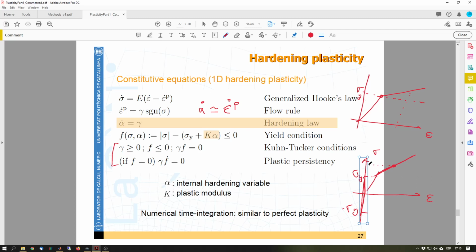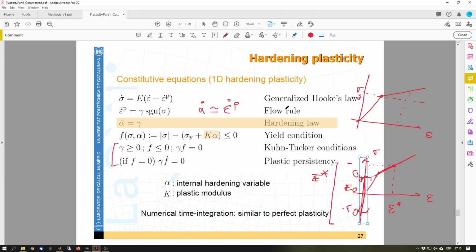So the admissible domain that initially was this has now been enlarged on the two sides, because this affects the absolute value. So this is maybe a new value of my admissible domain for that point, and this interval is larger and larger as my plastic strains keep increasing.